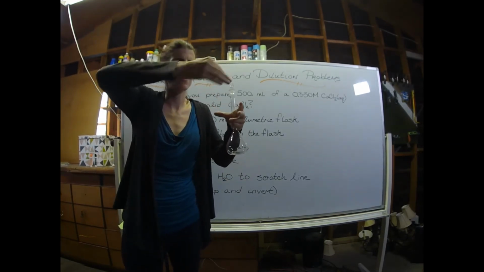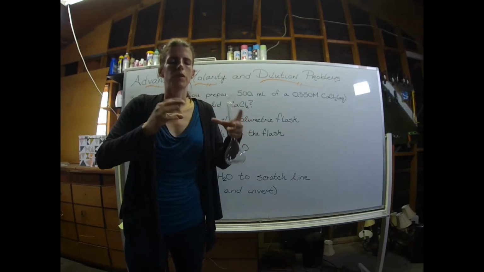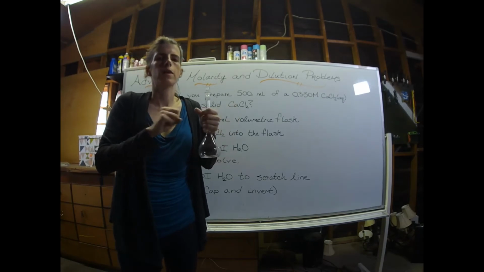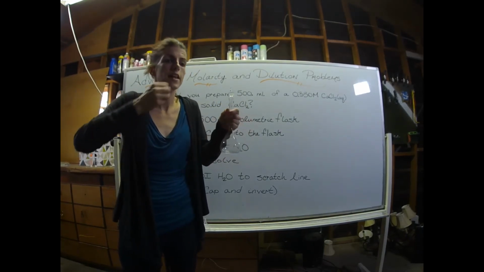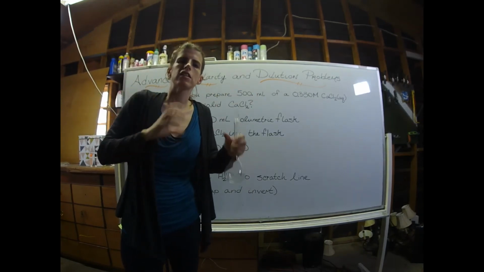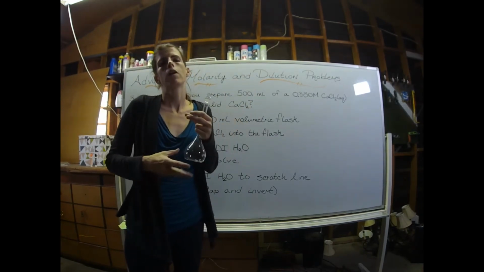It's very symmetrical and cubic. Something like table salt, sodium chloride, breaks into sodium and chloride, and those ions are small enough that they fit into the cage created by the water molecules.